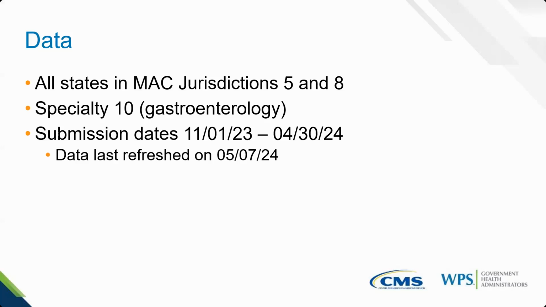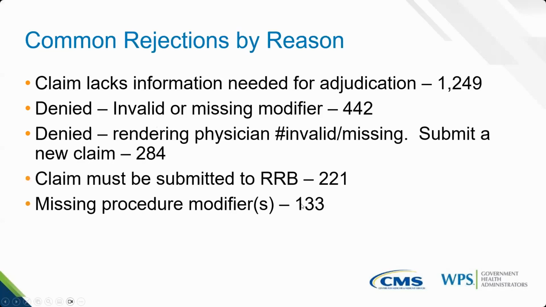The data was last refreshed May 7th, and I haven't looked at it since then because I had to create this PowerPoint and get it out to our website as presentation material for you. So let's take a look at the reveal of those most common rejections by reason for Specialty 10 claims.